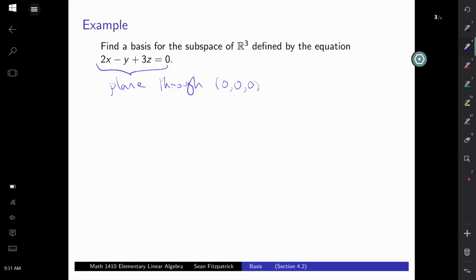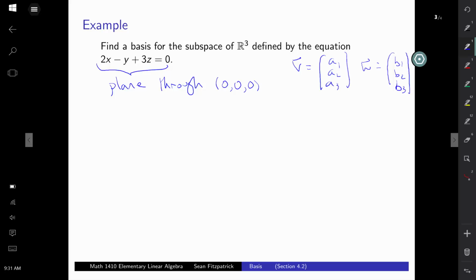If you wanted to verify that this is indeed a subspace, there's a couple of ways that you could do it. One would be to check things quickly here. Let's say v is equal to (a1, a2, a3) and w is (b1, b2, b3).